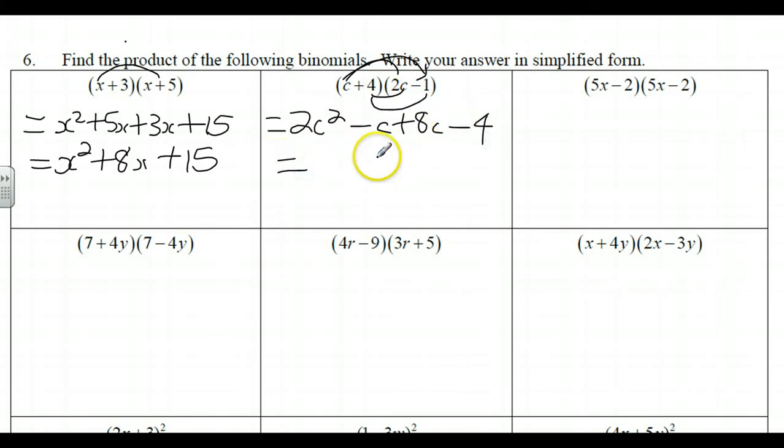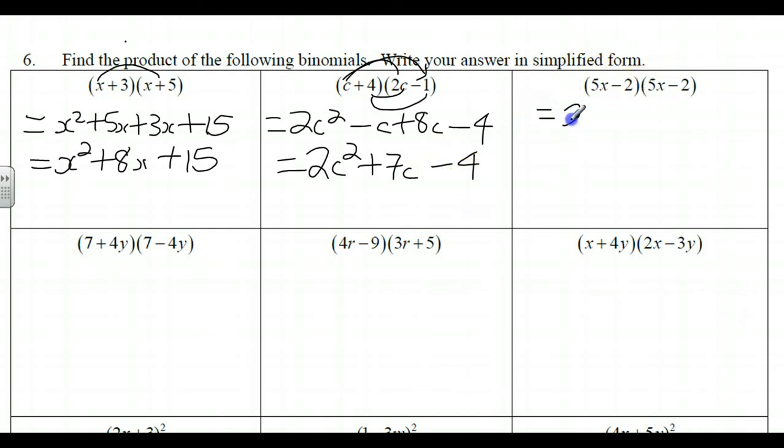Now the only terms you're collecting are the inner and the outer products. So we have 2c squared. We collect these two. Minus 1c plus 8c is plus 7c minus 4.